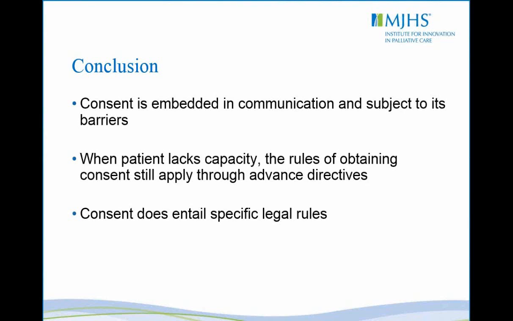When a patient lacks capacity, the rules of obtaining consent still apply through advance directive. And everything that I said in the first part, talking to the patient with capacity, will remain the same when the patient lacks capacity. I will have to inform, obviously, the decision maker with the same rules. Consent does entail specific legal rules.